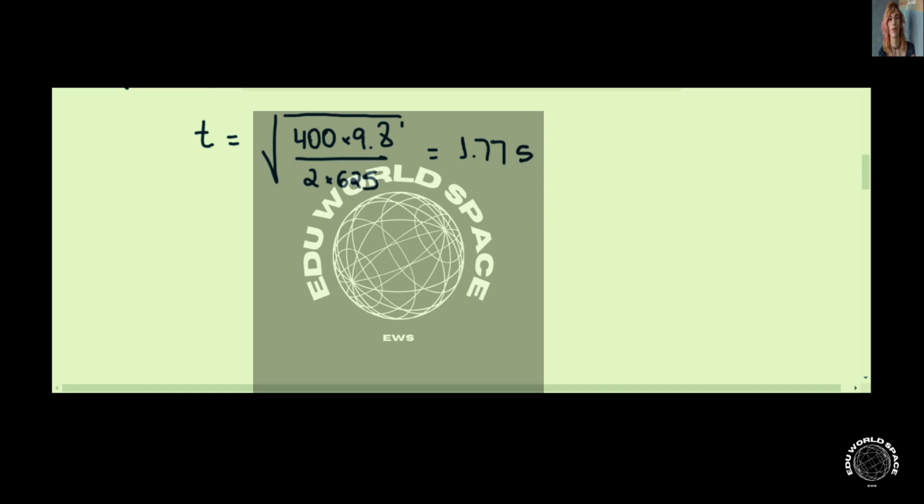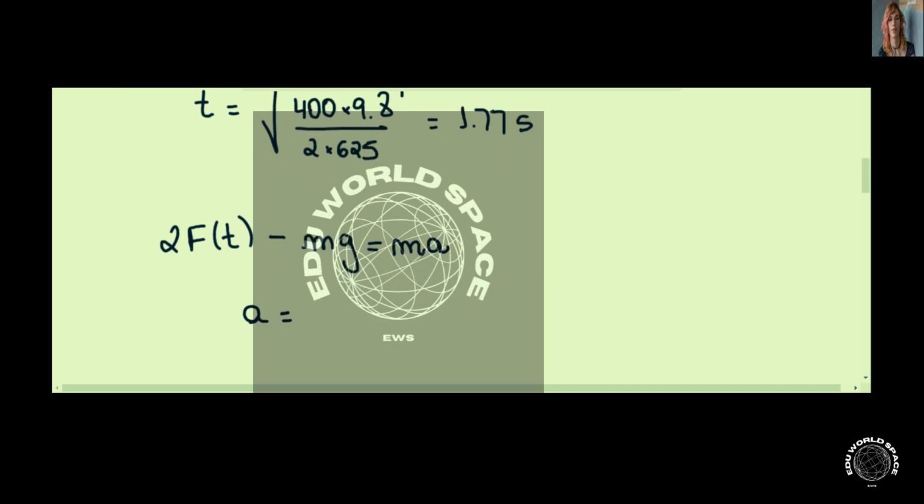So after that, the only forces that act on the block are the tension, which is 2 f of t minus mg, and this is equal to ma. So the acceleration is 2f of t divided by m minus g.